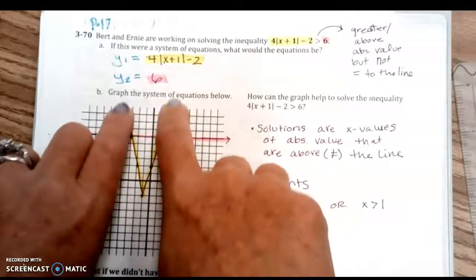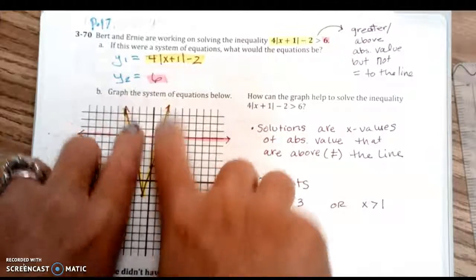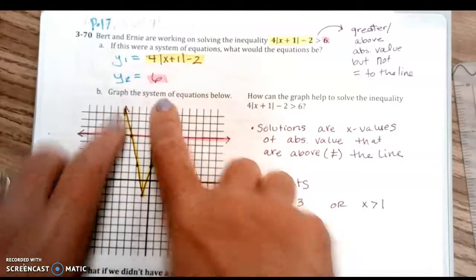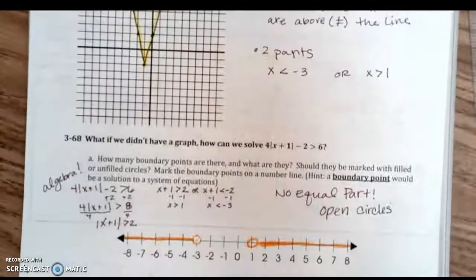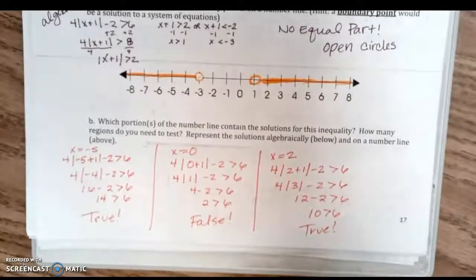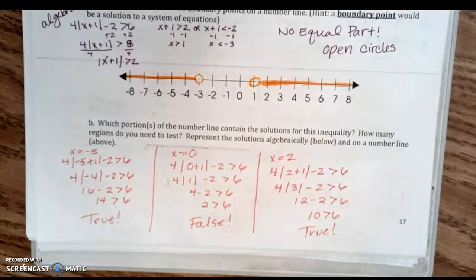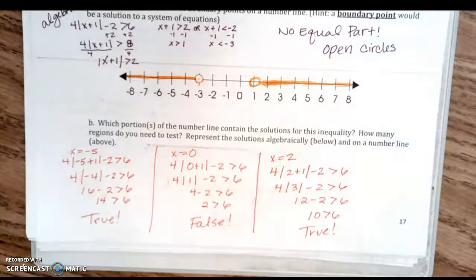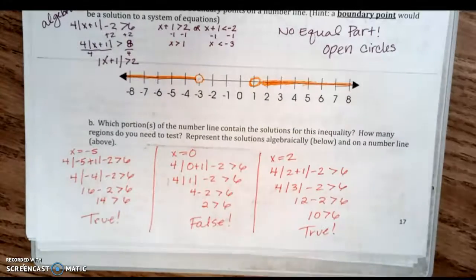I want the absolute value parts that are greater, so here and here, going on to infinity in each direction. Part B down at the bottom is where we check the 3 different parts of the graph to see if we get true or false. You guys already told me we should get true, false, true, whereas yesterday we got false, true, false.